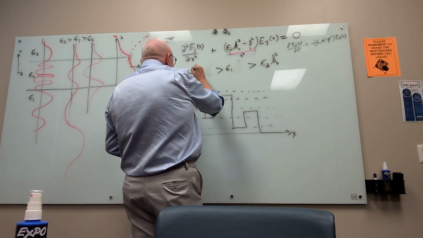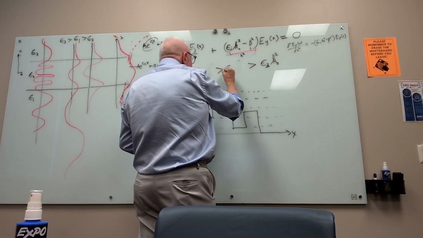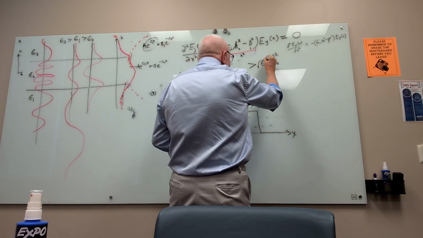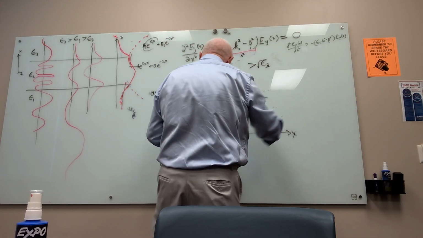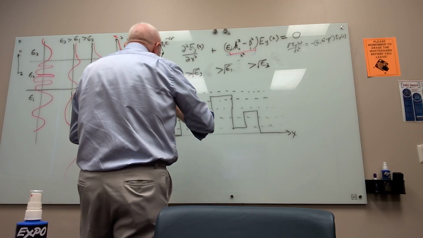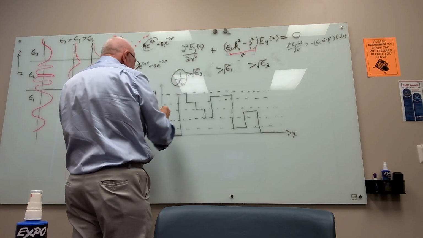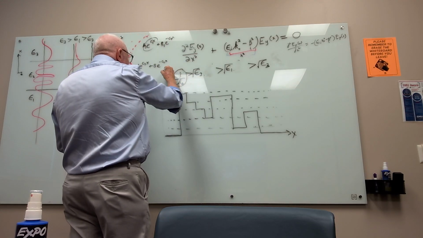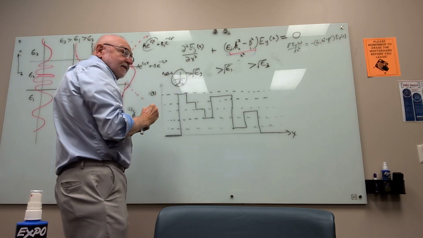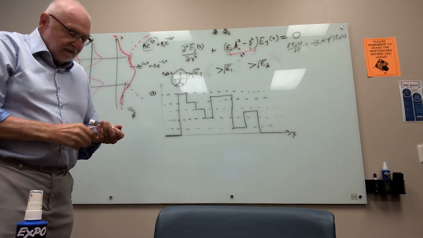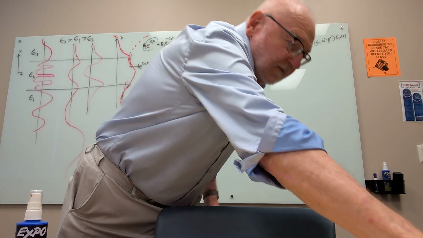So that means the square root here, square root here, square root here. And this beta over k0 is really what we call the effective index, right?